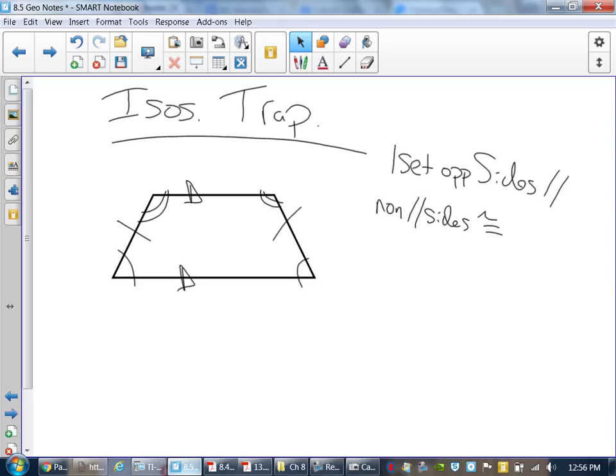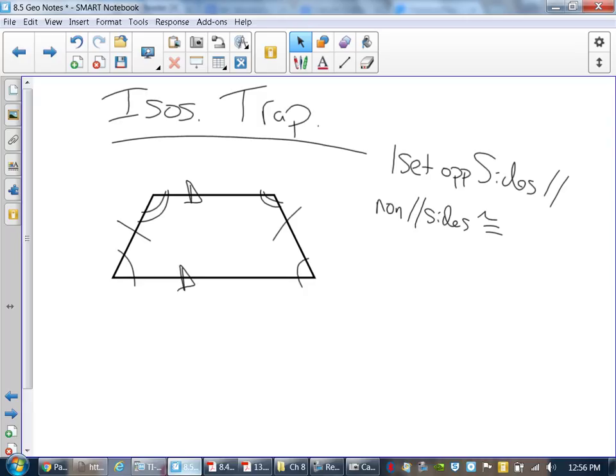But I think the easiest thing to do is remember that the angles on the same parallel side, see how the two up towards the top are congruent, and the two on the bottom are congruent. If the angles share a side with the parallel part, those are the ones that are going to be congruent to one another. It's pretty easy just to think of it in terms of base angles.